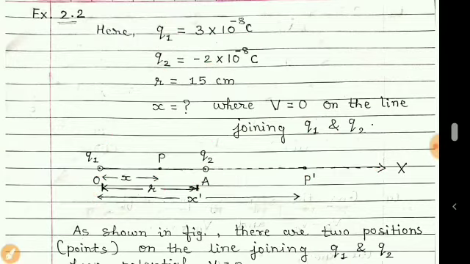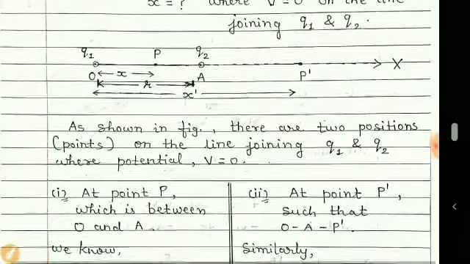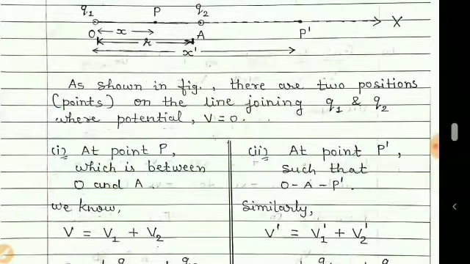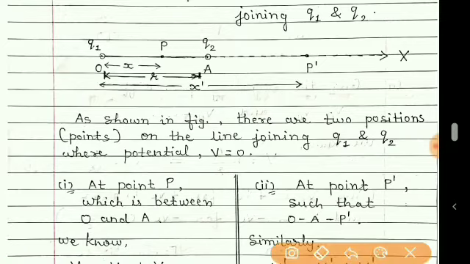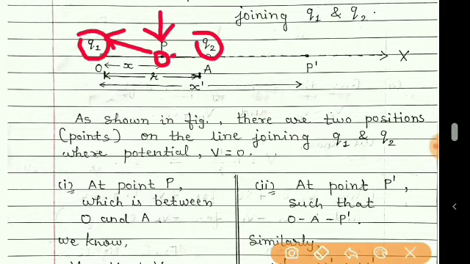We know that the potential due to any system of charges at any point is the summation of the potential due to the individual charges. Means, if I want to find the potential at point P, the potential is due to this charge as well as due to this charge.